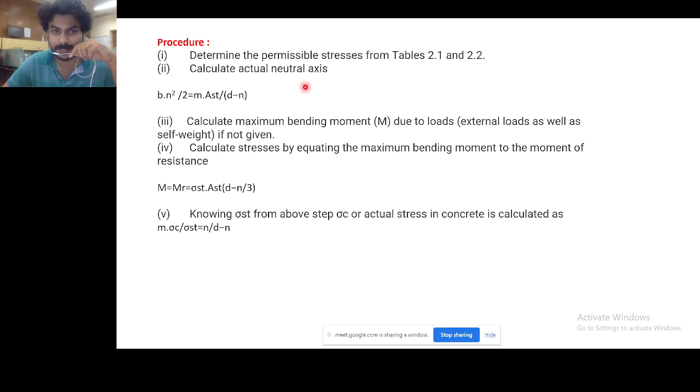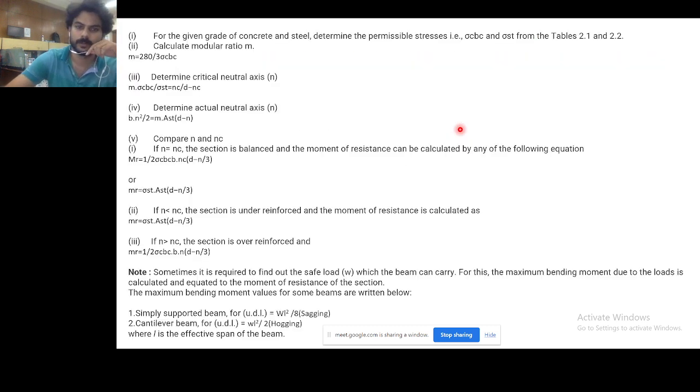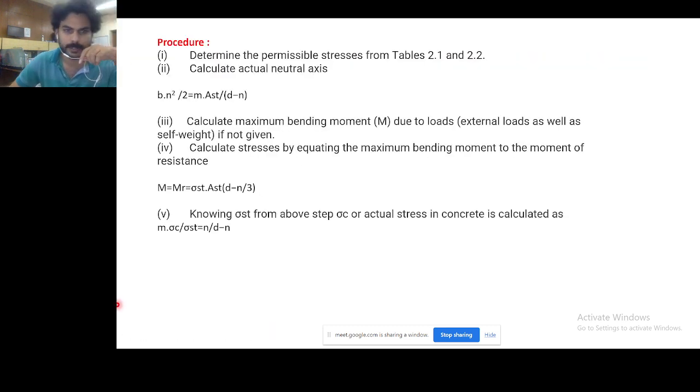Calculate the neutral axis by this formula, then calculate the maximum bending moment due to the loads, like as I said, WL square by 8 for the simply supported beam, and if it is a cantilever it is WL square by 2. For other types of loading you can calculate by other methods.